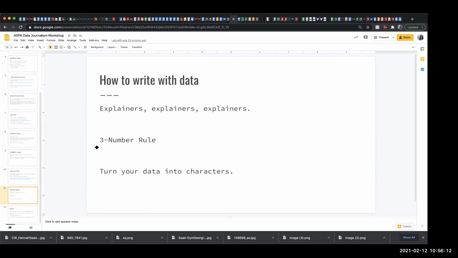How to write with data. Okay, so you have all these numbers, right? I just mentioned the story about two people who had died in car accidents. Not every story is going to be that sad, right? But what is most important is humanizing these numbers. No one is a number, right?